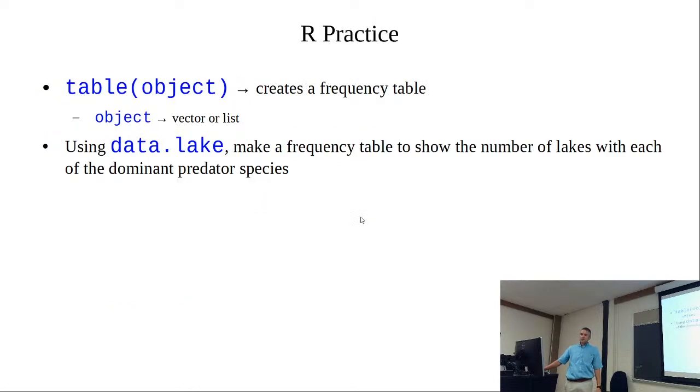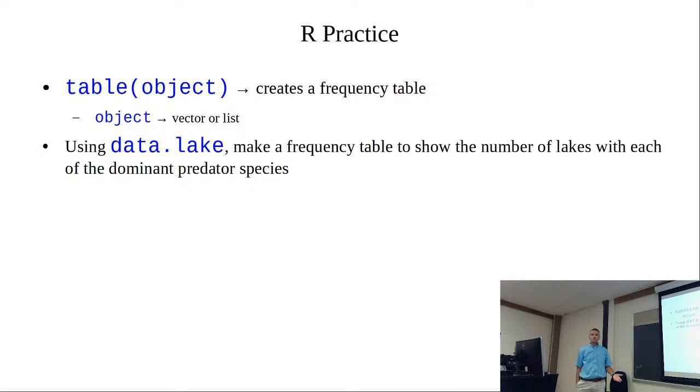All right, so first R is making a table. What this is going to do is create a frequency table, and we have to give it an object name. And that object name is either going to be a vector or a list of values. What we want to do with our lakes is make a frequency table of the number of lakes with the specific dominant predator species.